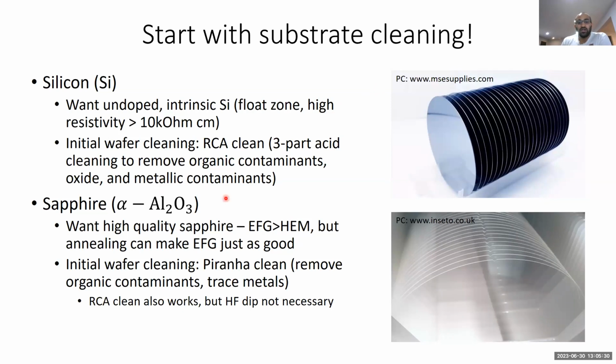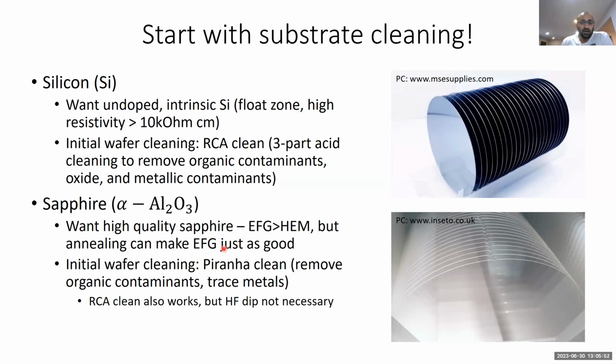A thorough initial cleaning is usually a standard RCA clean, which is something that's widely used in the semiconductor industry. It's a three-part acid-base process where you first do an organic clean, then an HF dip to remove oxides, followed by an ionic clean to remove metal ions and other metallic contaminants.